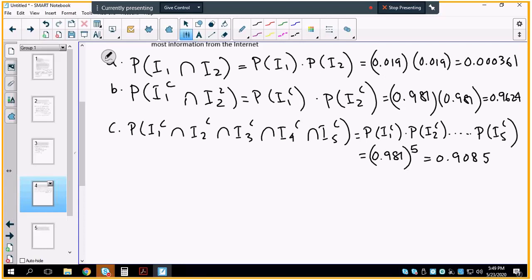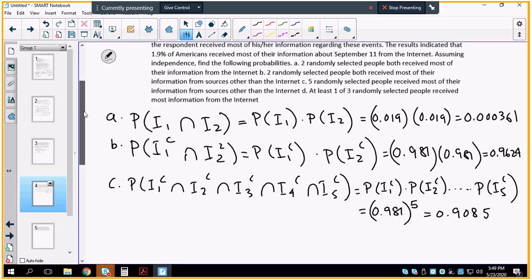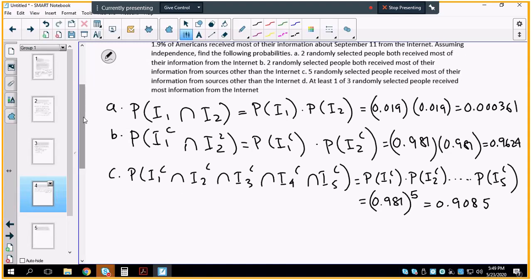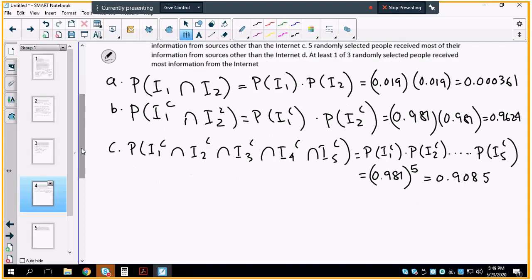We carry on to the next part of this problem. Part D is saying at least one of 3 randomly selected people received most information from the internet. At least one of 3 randomly selected. So how do you write it? Again, think in this way. At least one of 3. That means what? It means 1 of 3, 2 of 3, or all 3 of 3.